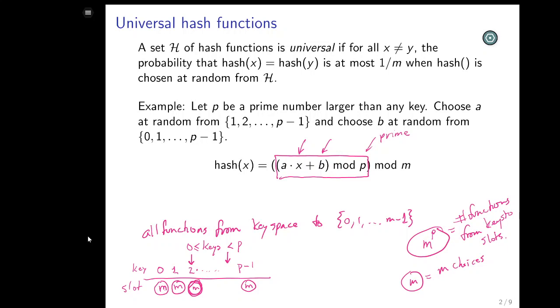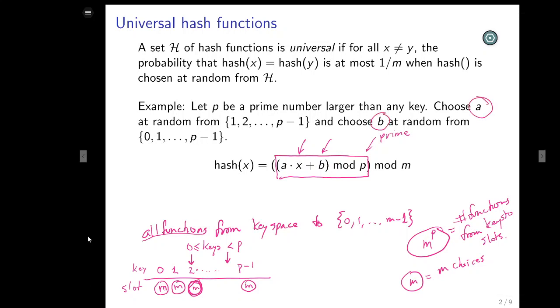Shall we talk about hashing more? Anyway, the point of this is that the number of random choices that I'm making to describe this function is much smaller than the random choices I made to describe the general function chosen from the set of all functions. This requires me to choose the value a at random and the value b at random.